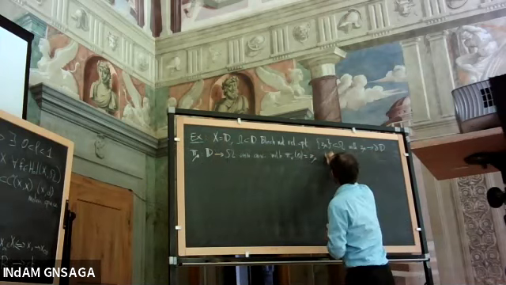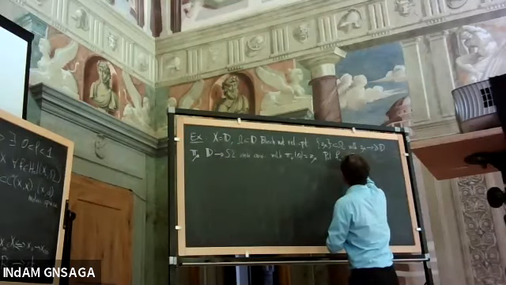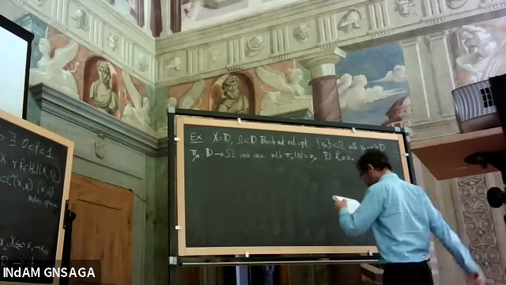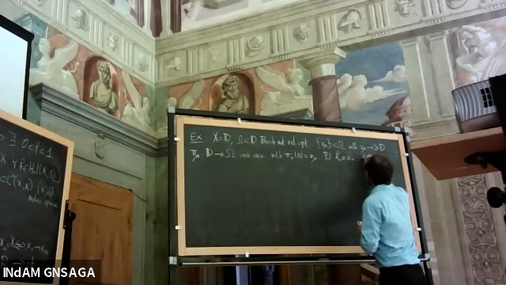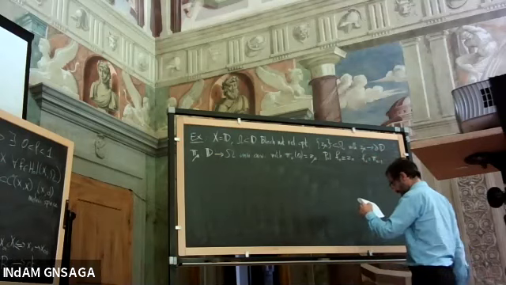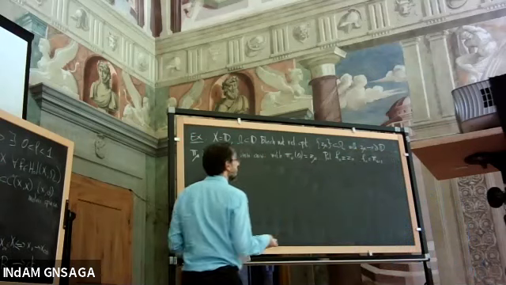And then put f0 equal to 0, and f mu is pi mu minus 1.